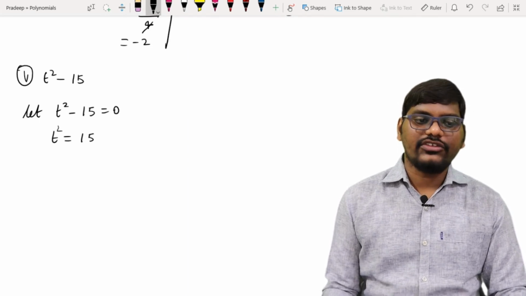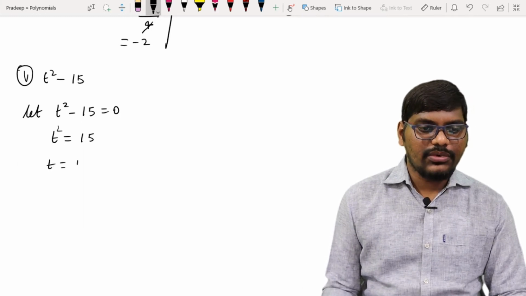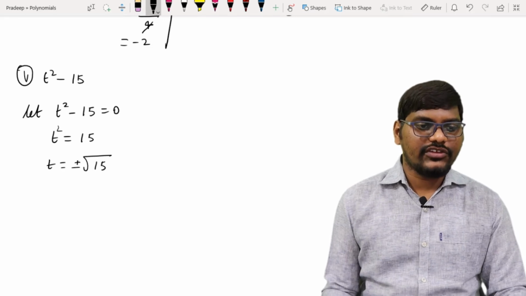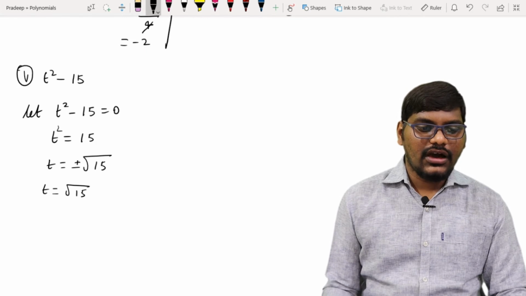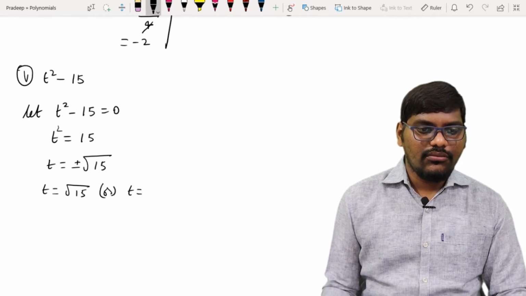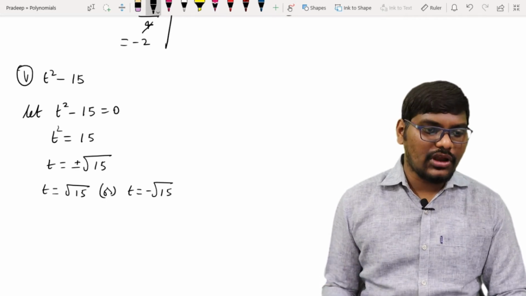If we send the square also to the other side, this becomes t equal to plus or minus under root 15. So if we take separately, t equal to root 15, or t is equal to minus root 15. So these are the two zeros of the polynomial we got.